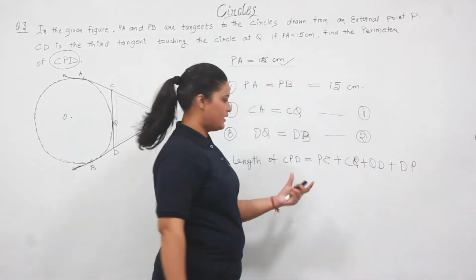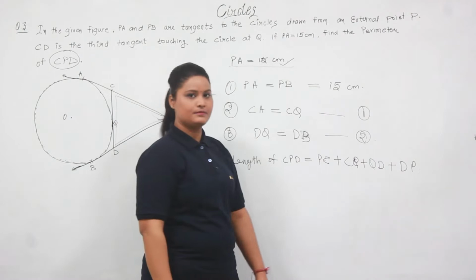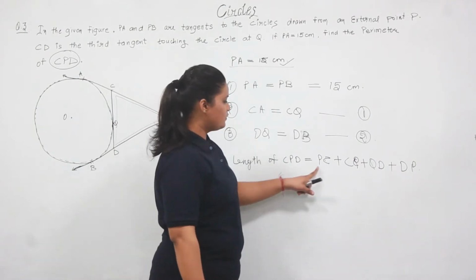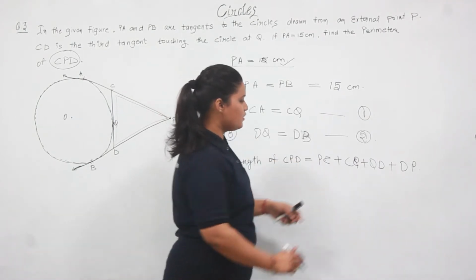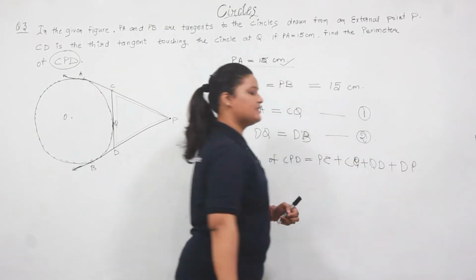Clear? Can I write it like breaking it? CPD is equal to PC plus CQ plus QD plus DP.